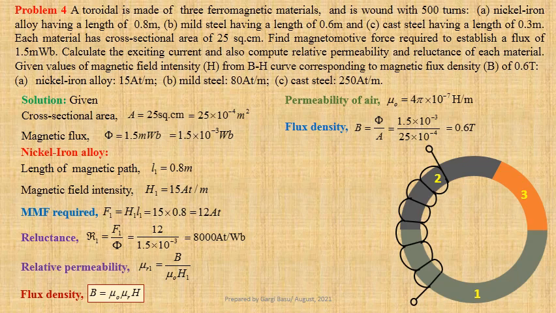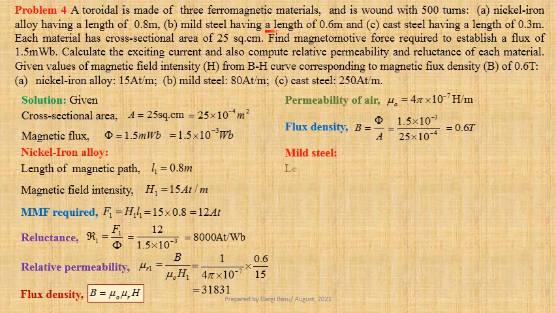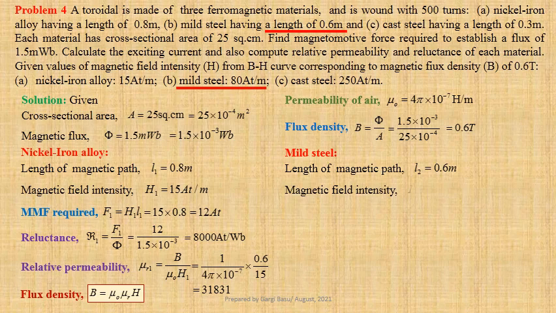Therefore, mu r1 equals 1 upon 4 pi into 10 to the power minus 7 into 0.6 divided by 15, that gives us 31,831.